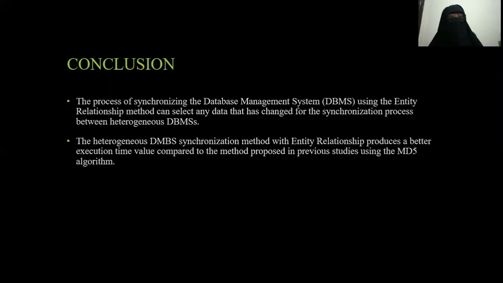So the conclusion: the process of synchronizing a database management system, or DBMS, using the entity relationship method can select data that has changed for the synchronization process between heterogeneous DBMS.